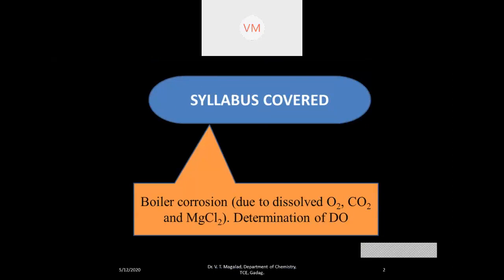In my previous class, I discussed various sources of water and the impurities present in water. Then I discussed boiler troubles, particularly boiler troubles due to the formation of scale and sludge.